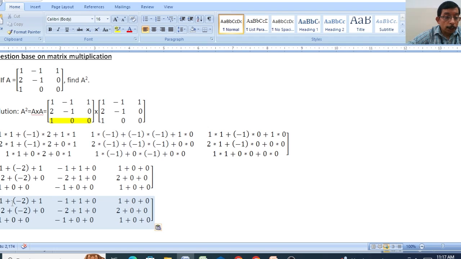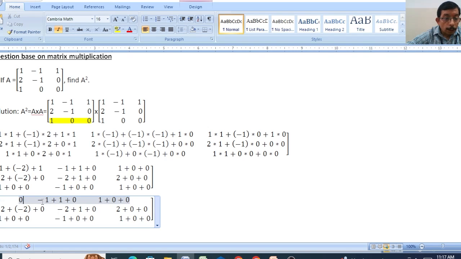So 1 plus 1, 2, 2 minus 2, 0, note down 0 in the same position. 1 minus 1 plus 1, 0, note down 0. 1 plus 0 plus 0, 1, note down the same position. 2 minus 2, note down 0. 2 minus 2 plus 1 minus 1, 0. 2 plus 0, 2. 1 plus 0, 1.